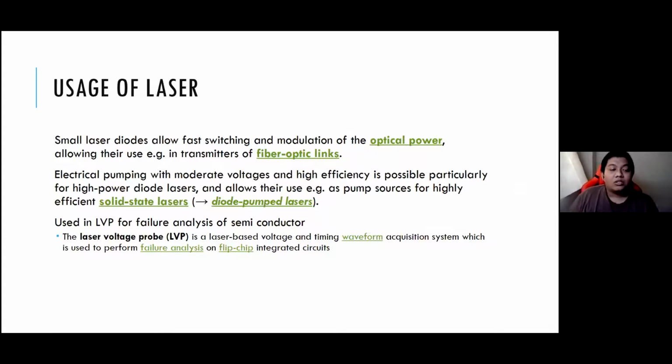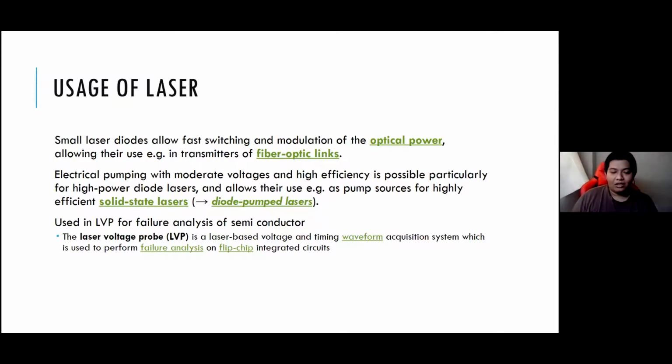Smaller laser diodes allow fast switching and modulation of optical power, for example in transmitters and fiber optic links. Secondly, it's used as a source for solid state lasers.